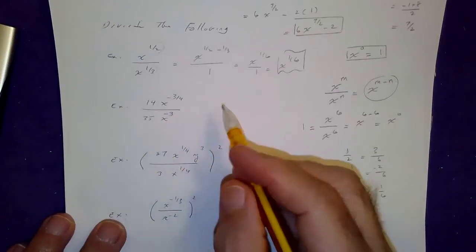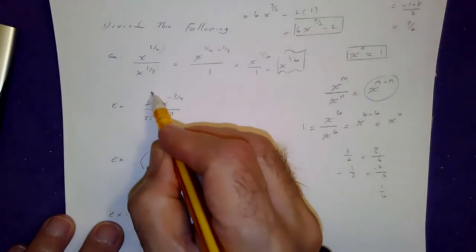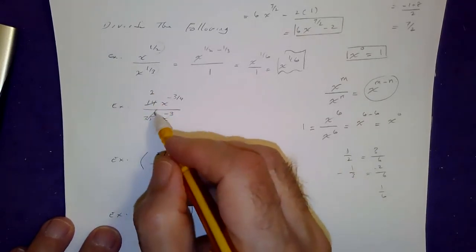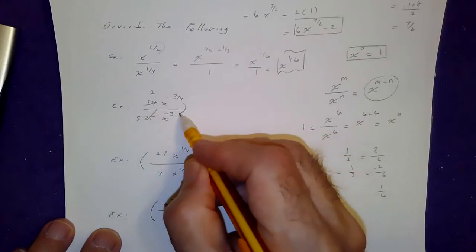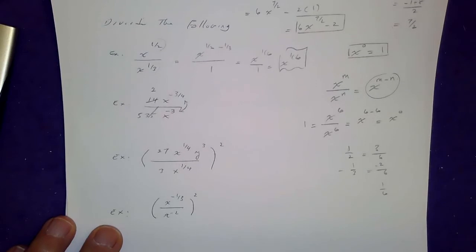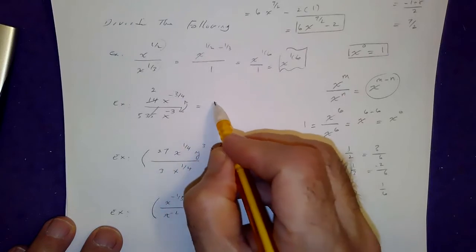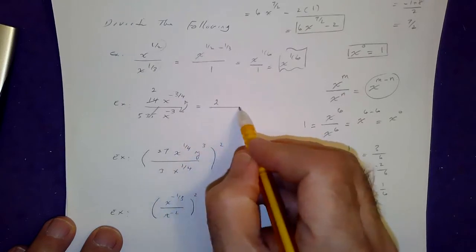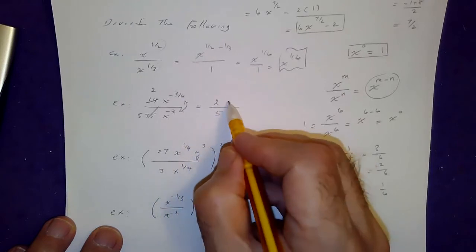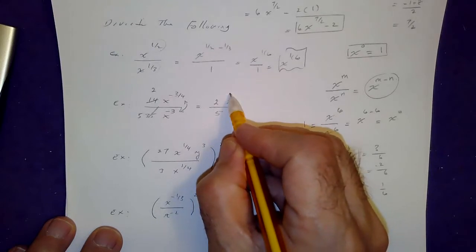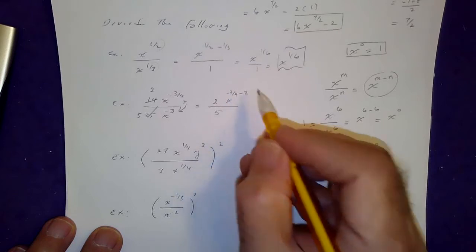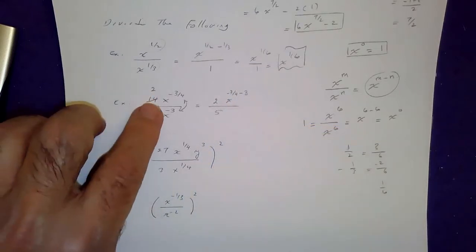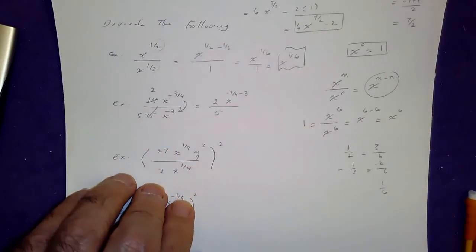What about these guys? Well, 7 goes into 14 twice, 7 goes into 35 five times. And now we have to do something about the x's. So I'm going to go 2, and then I'm going to hold on to the 5, but then I'm going to go x to the power of negative 3/4 minus 3, I should say.